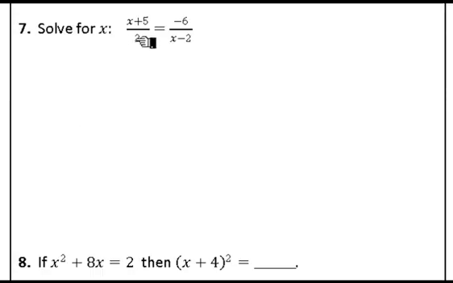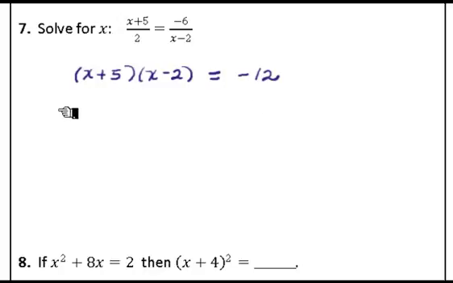Question 7 is of the form a fraction equal to a fraction, so we're going to cross multiply. All right, so let's do x plus 5 times x minus 2 on the left-hand side. And on the right-hand side, we have minus 12. All right, let's multiply through. We're trying to put this in standard form with 0 on the right-hand side.